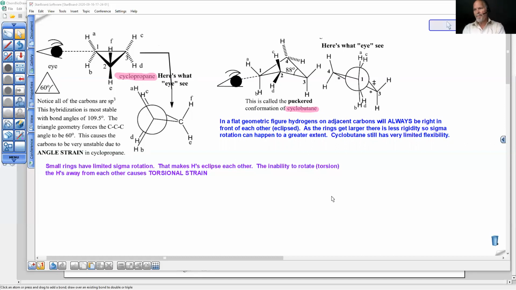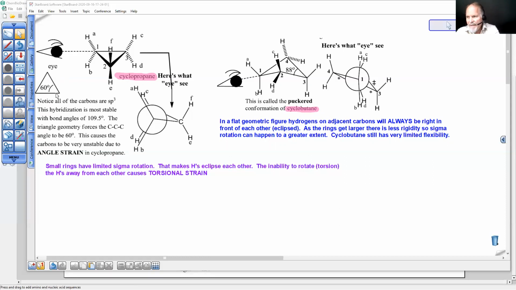There's another form of strain that comes straight from the fact that we have these angles inside of a triangle, 60-degree angles. We're talking about carbons that are sp3 hybridized. sp3 hybridized carbons want to have a 109.5 degree angle to have zero angle strain.